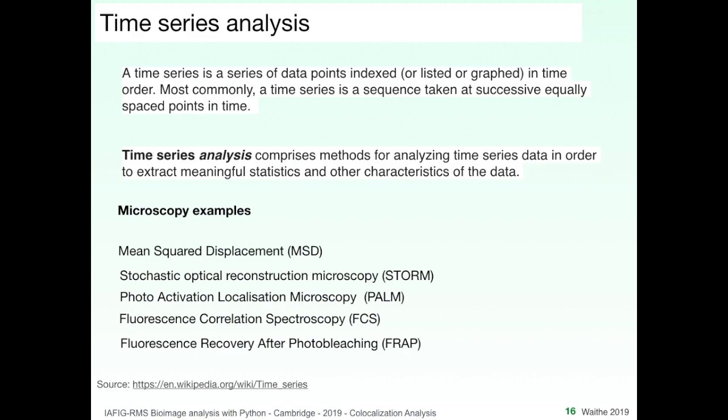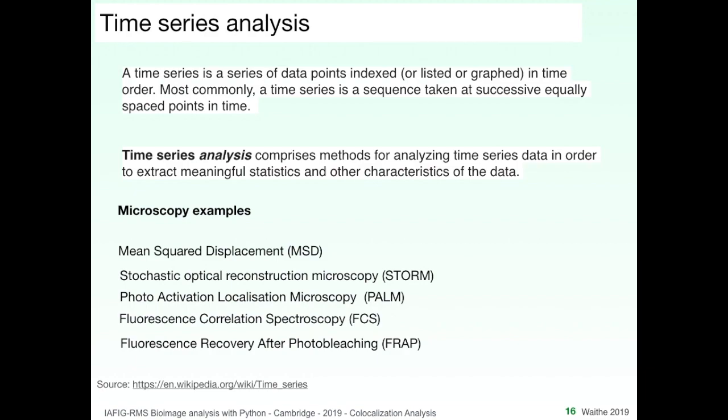There's fluorescence correlation spectroscopy, where you look at the temporal correlation of a signal over time, and also fluorescence recovery after photobleaching. This is another popular technique, where you photobleach a part of your specimen, and then you look at the fluorescence recovering in that region over a series of time points. We're going to go into a few of these.